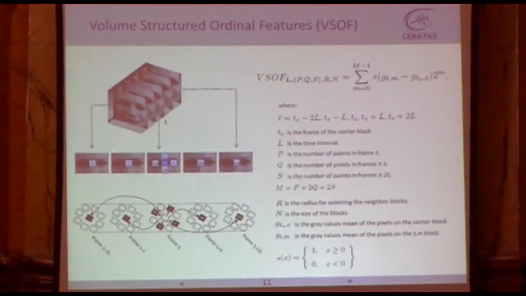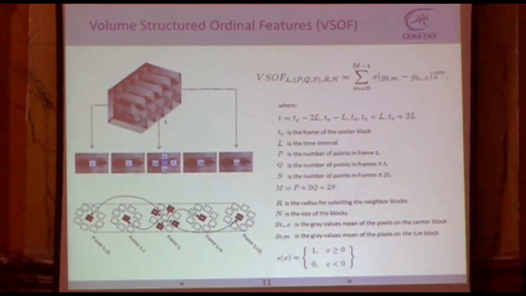So basically what we did was extend the extended volume set of LBP features by adding another parameter, which is the size of the regions to compare. Extended volume LBP compares pixels in the same frame.